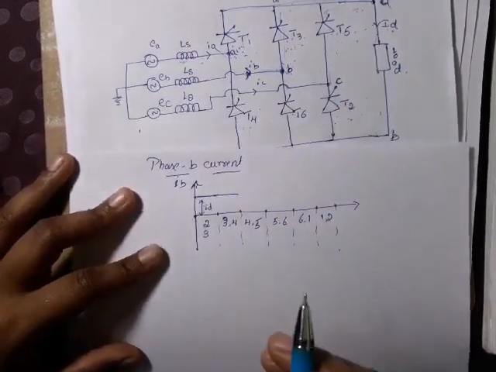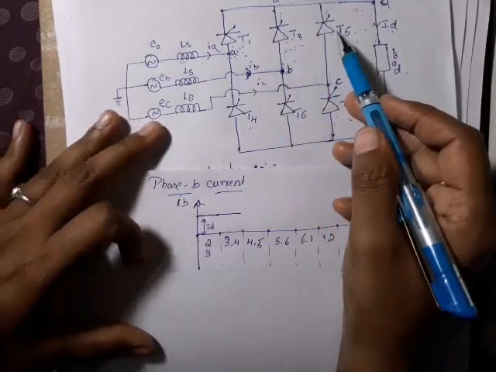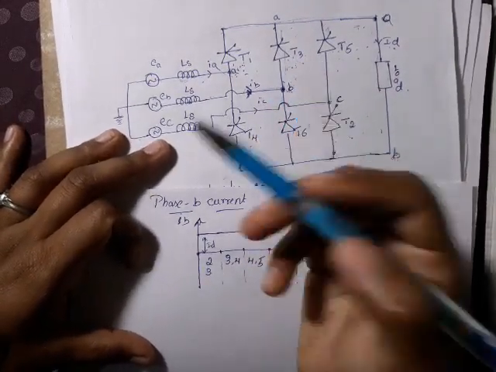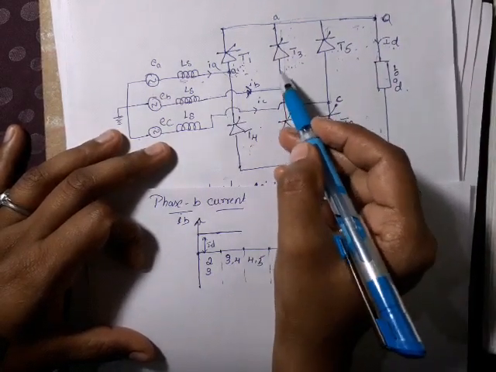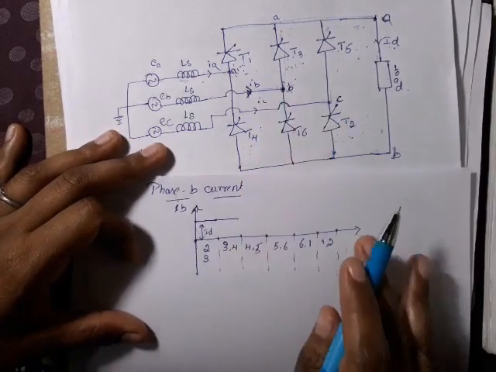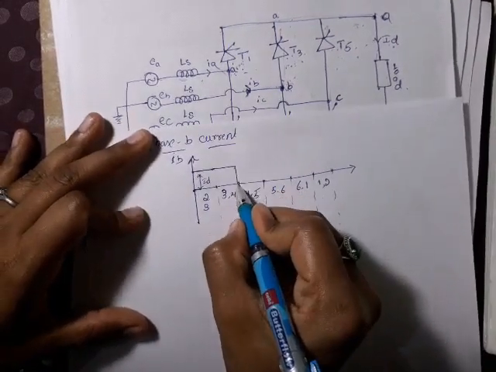Then when 4 and 5 are conducting, 4 is here, 5 is here. Valve number 3 goes out of conduction, so this is an open circuit at that time. When it is open circuit, what is the value of IB? IB is 0. Suddenly it will drop to 0.